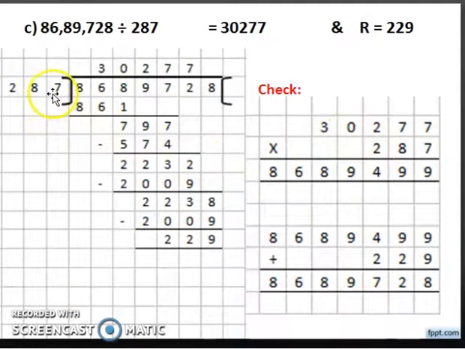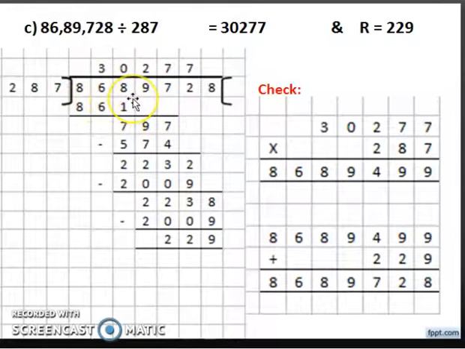Now 287. So 1, 2, 3. 868 I will consider at one go. 4 2s is 8. So you first of all multiply 287 by 4. But you will find that after you multiply it by 4, your answer is more than 868.